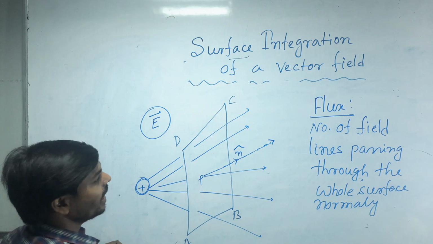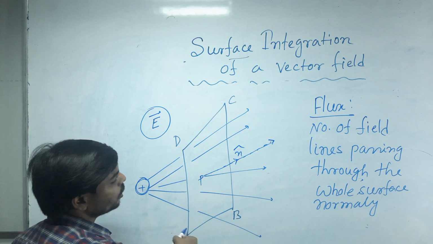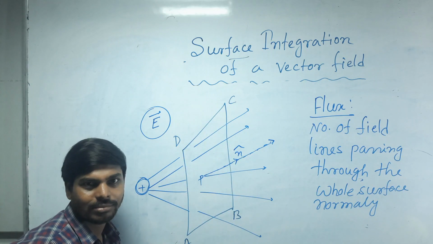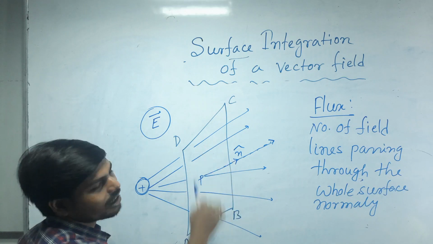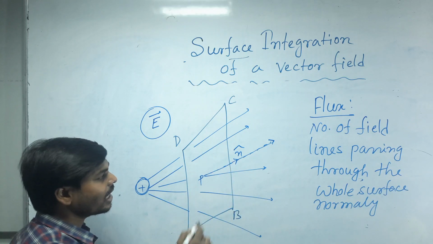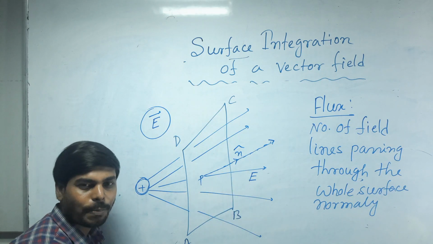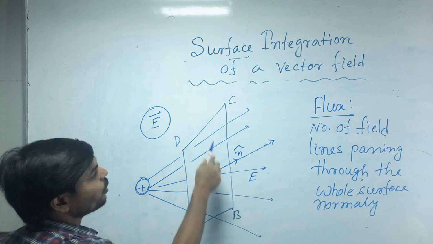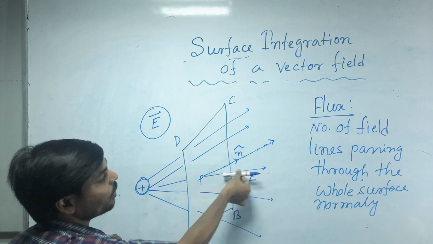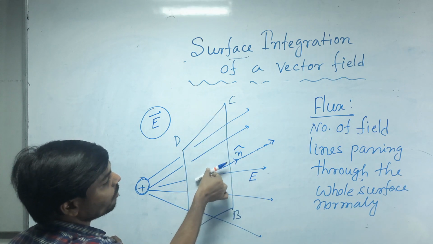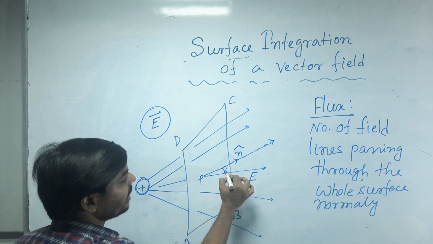This n cap direction is the normal to this ABCD surface, perpendicular to it. If I consider one field line, let's say this represents the E field vector, is this field line normal to the ABCD? Obviously not, because this is along this direction and the normal direction of this surface is along this direction, so it makes an angle theta.